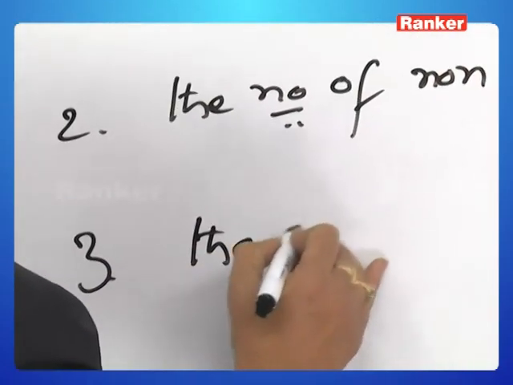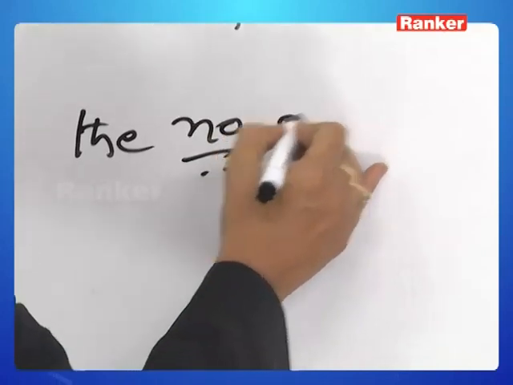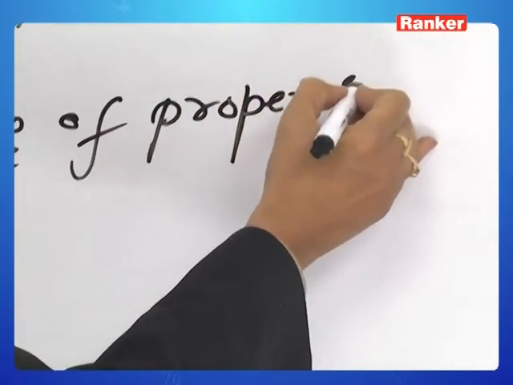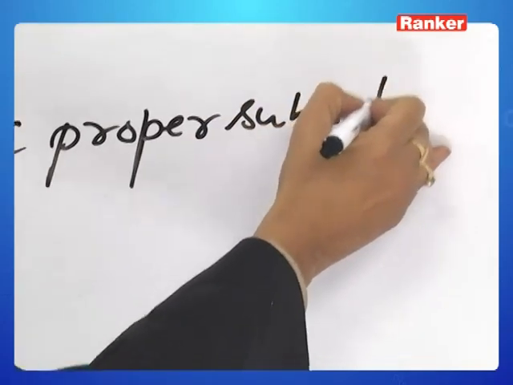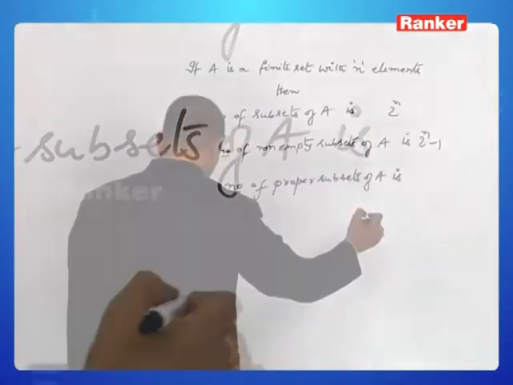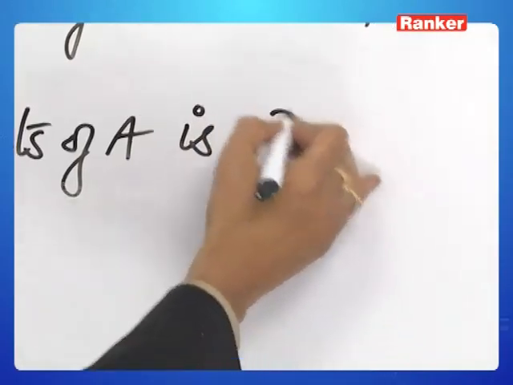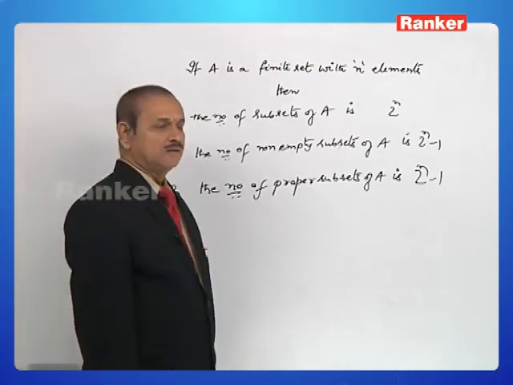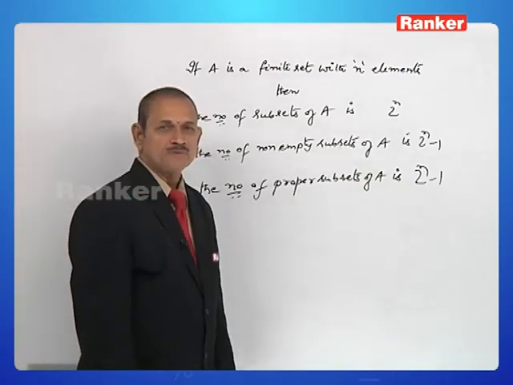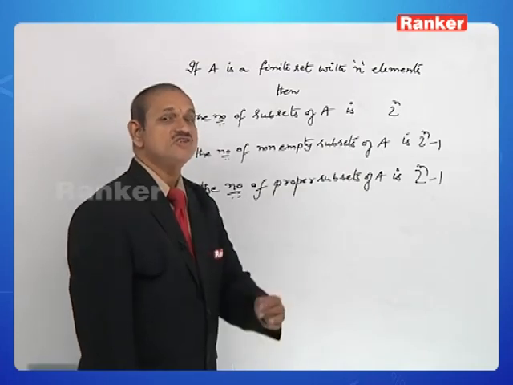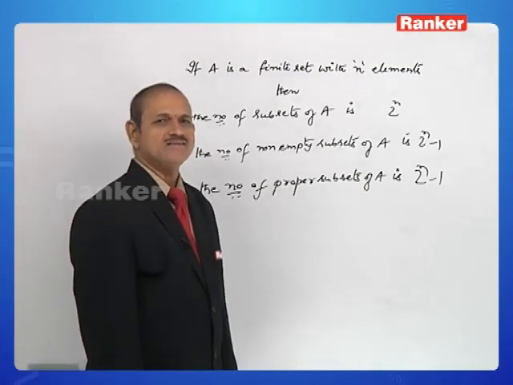The number of proper subsets of A is 2 power n minus 1. Why should you get minus 1 here? What do you mean by a proper subset? That subset which is different from A, isn't it?